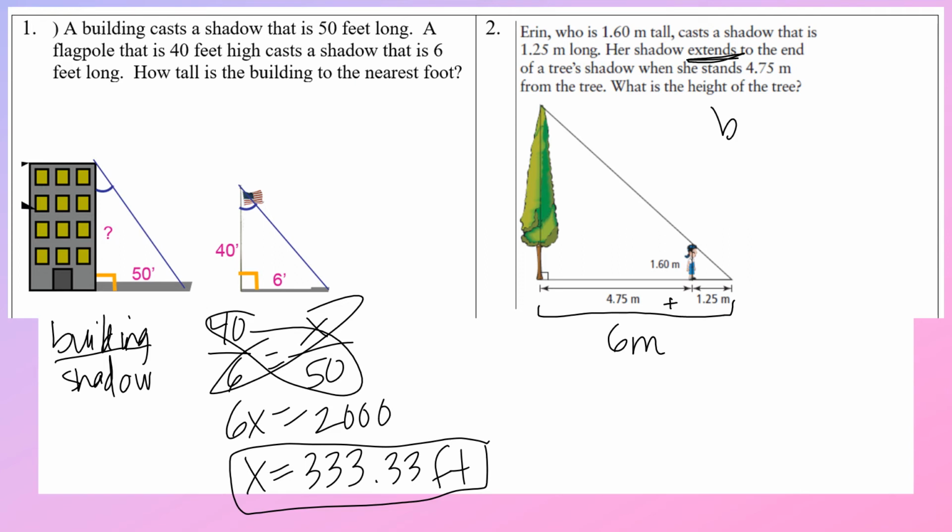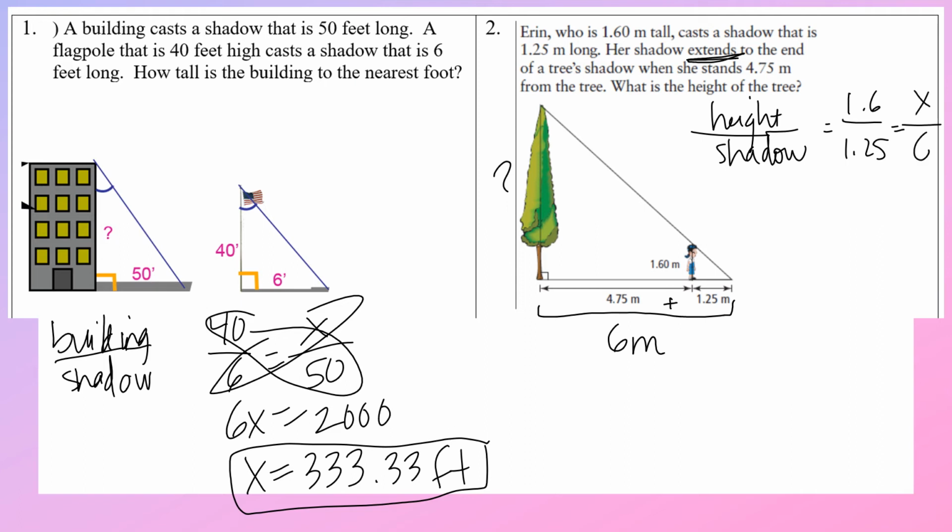So again, we're going to set it up as the height over the shadow. And you could do shadow over height if you want. So the height of the girl is 1.6, her shadow is 1.25. The height of the tree, we do not know what the height of the tree is, so that is our x.